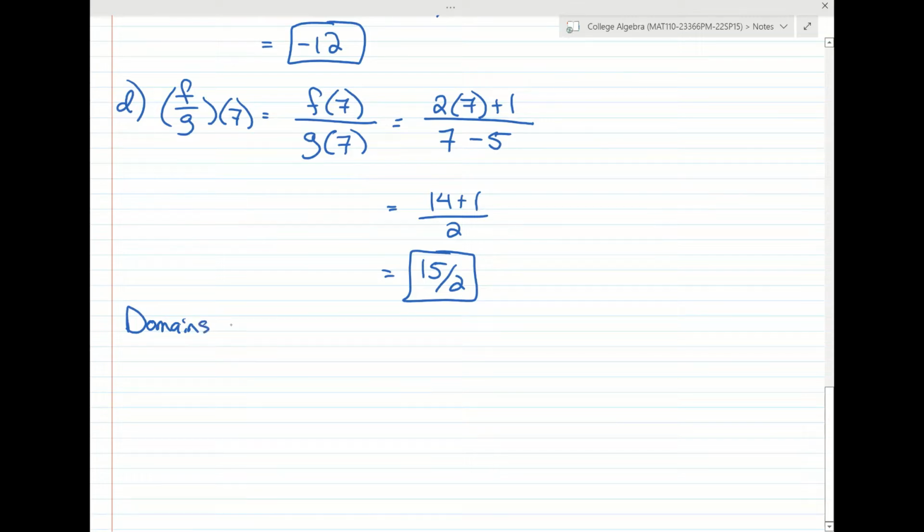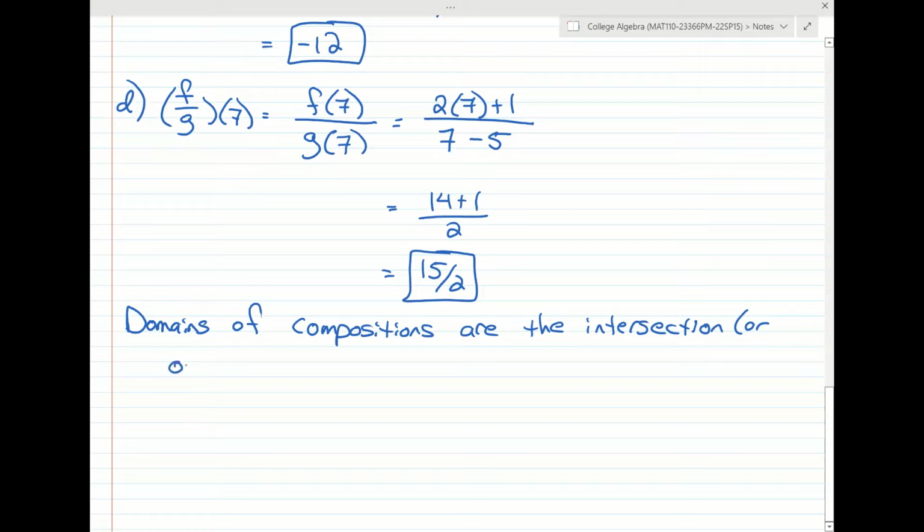So the domain of compositions are the intersection, or overlap, of each individual function's domain.